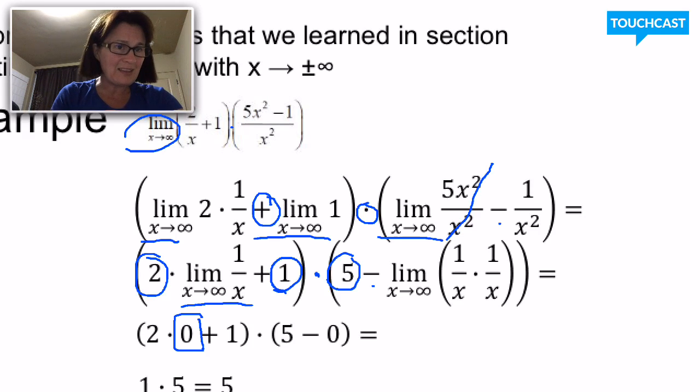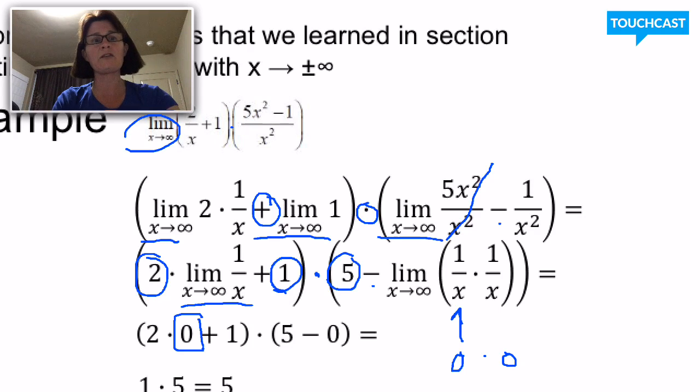The limit of 1 over x as x approaches infinity is 0, so 0 times 0 multiplied together gives me this 0. The answer here is 5, but don't get the idea that the answer to all the questions is 5. We just had 2 in a row by coincidence.